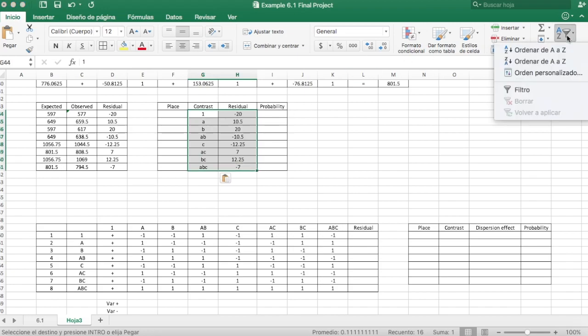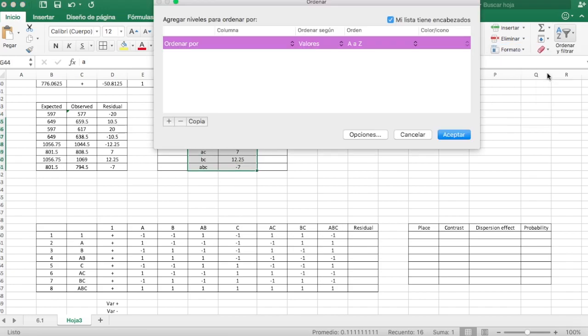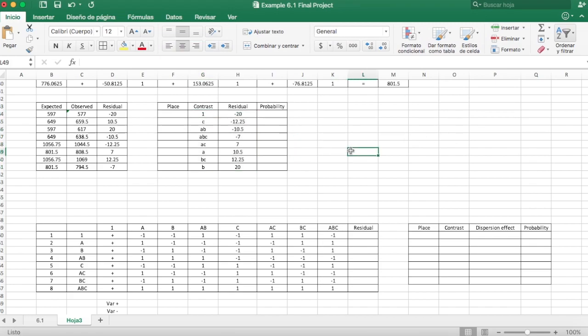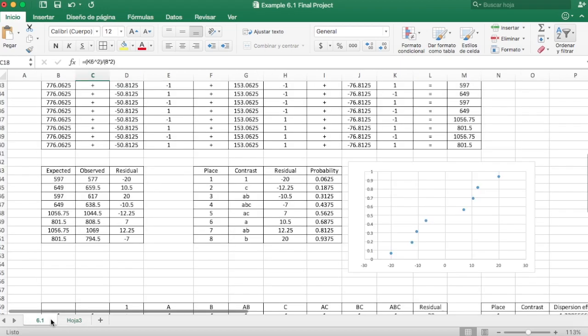So we're going to order it from the lowest to the highest, and we assign a place. That is 1, 2, 3, 4, 5, 6, 7, and 8.